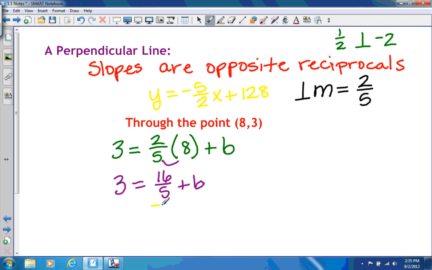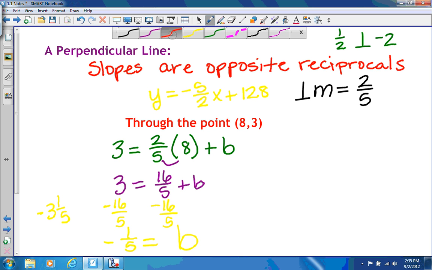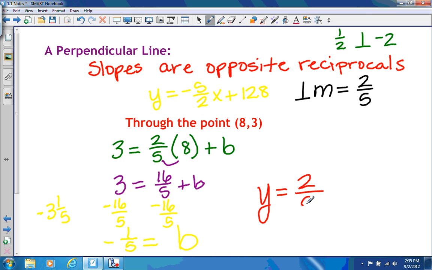Then subtracting 16/5 from both sides, b would equal a negative 1/5, because 16/5 is 3 1/5 of the negative variety. And so then our final equation for the perpendicular line would be y equals 2/5 x minus 1/5. And there's everything from section 1.